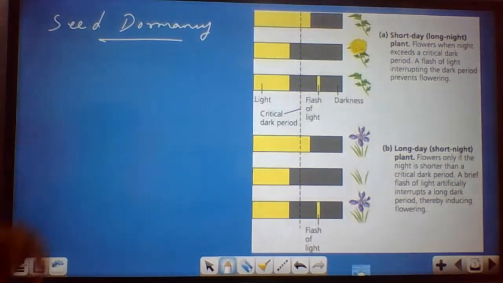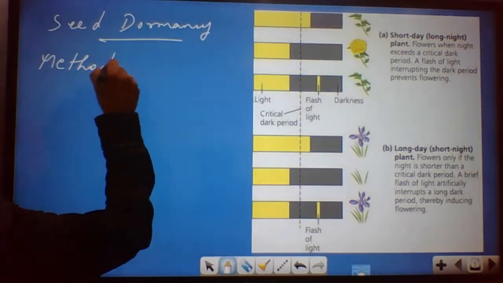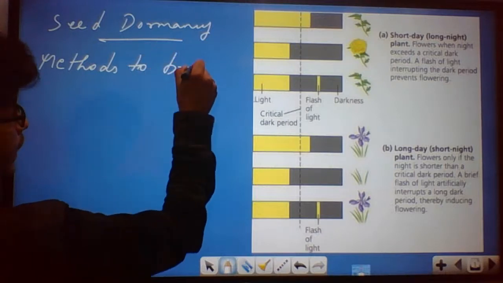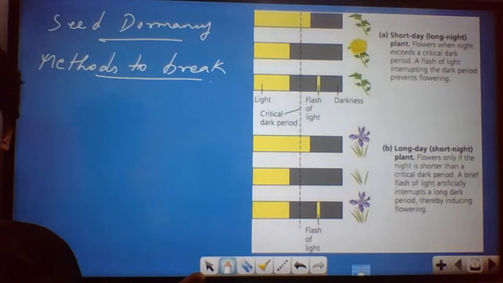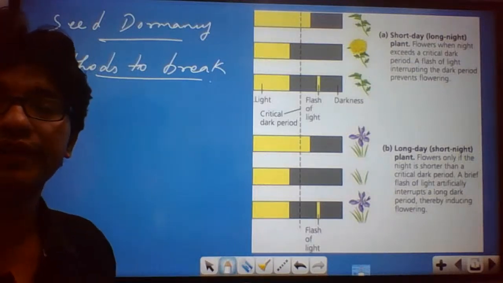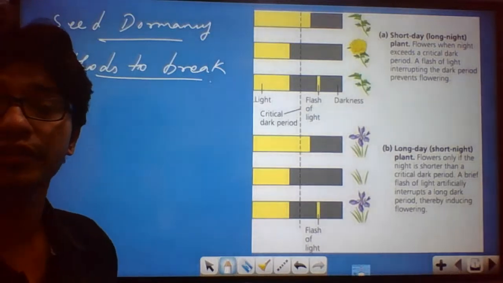And coming to the methods to break the seed dormancy, from here we'll start with this part. So what are the methods? If the seed seems to be dormant, I told you that even if it is provided a favorable condition, sometimes the seeds may fail to germinate.